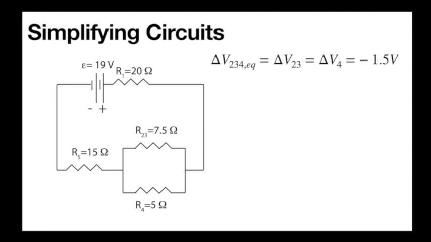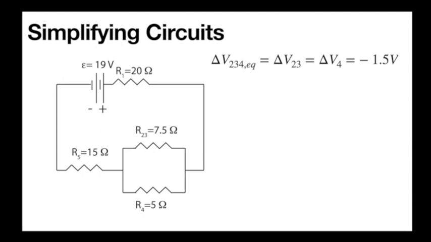Right? Not only is the voltage drop across the top the same as the voltage drop across the bottom, to preserve the fact that there's one voltage here and one voltage here, but that's also the same as the voltage drop we already found for the equivalent resistor.